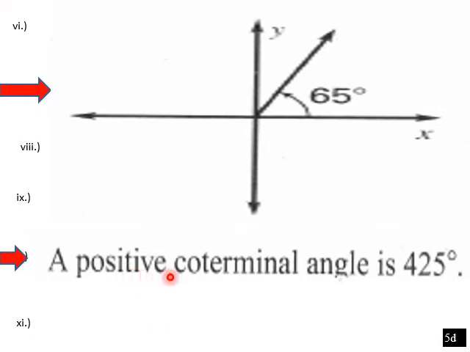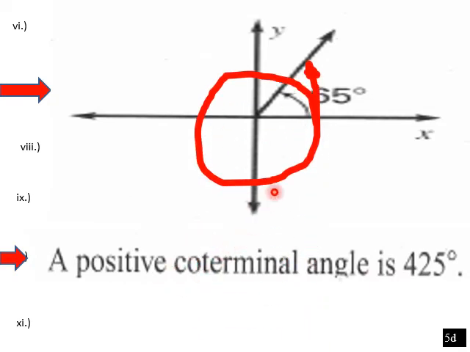Okay, for 65, a positive coterminal angle is 425. So we could go this way here, 360 plus 65. That'd be coterminal. In other words, they would have a 65-degree terminal side as well as a 425 terminal side.